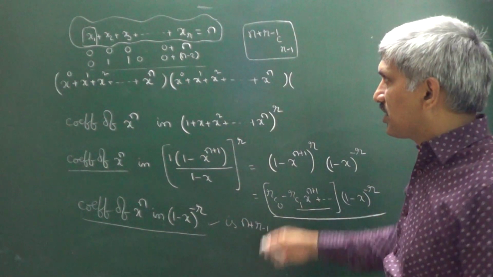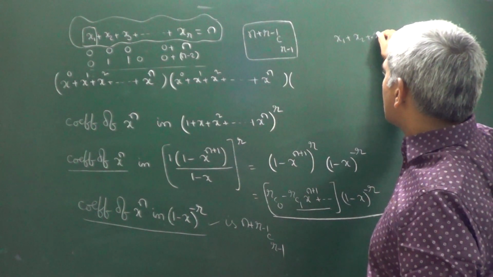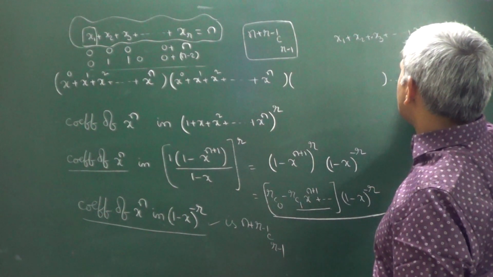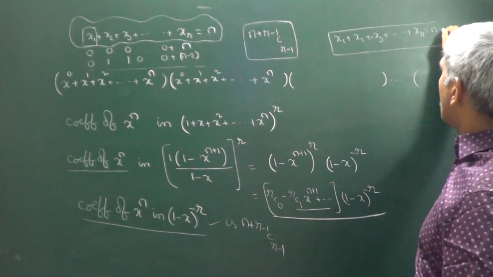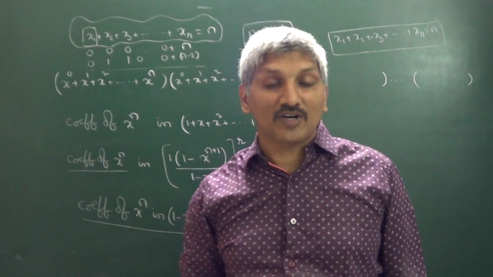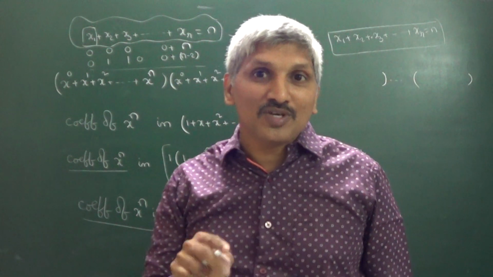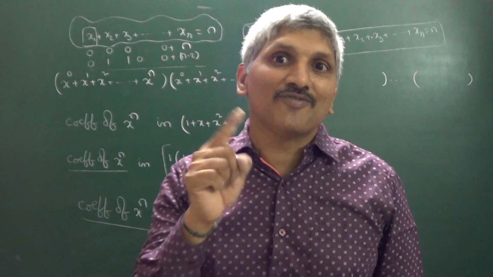In a similar way we can do the number of solutions of x1 + x2 + x3 + and so on + xr = n. If you want to find out the number of positive integral solutions, what is the difference? Non-negative means from 0 onwards. Positive integral solutions means from 1 onwards.